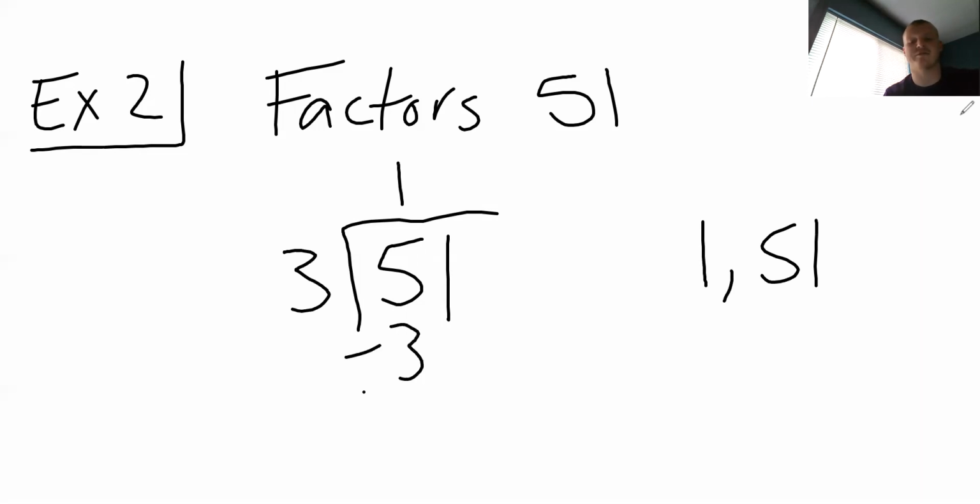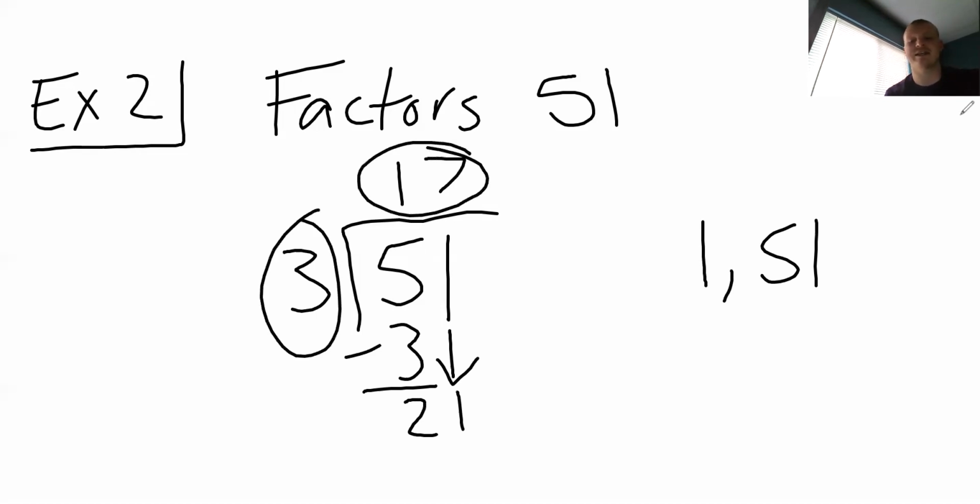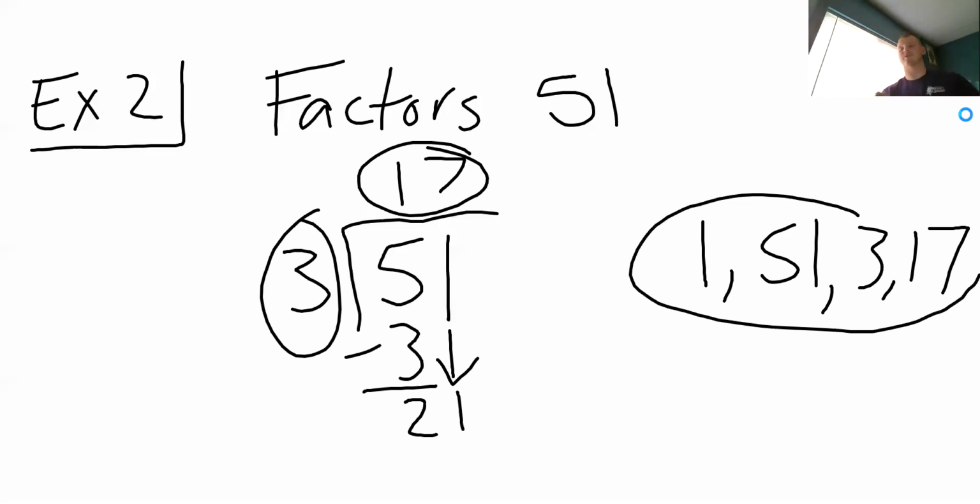This is going to give me my other factor. 2, bring down my 1. 3 goes into 21 how many times? Yeah, 7. So 3 and 17 are my other factors. I listed them out of order, but I have 1, 51, 3, and 17.